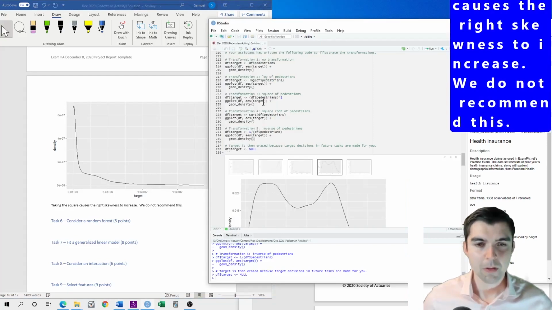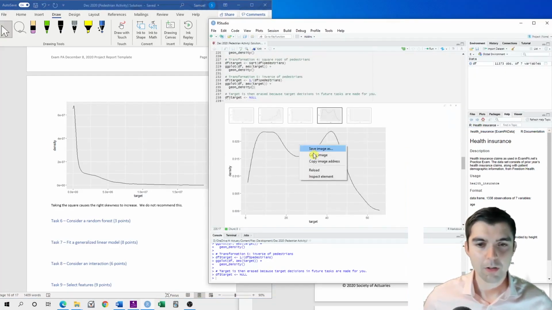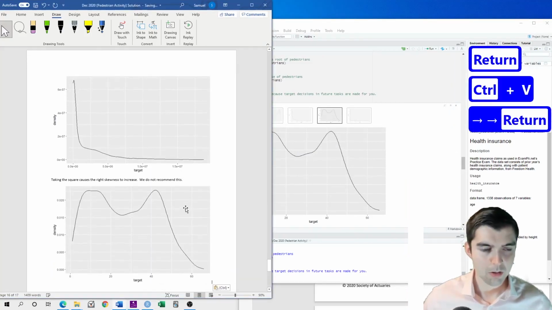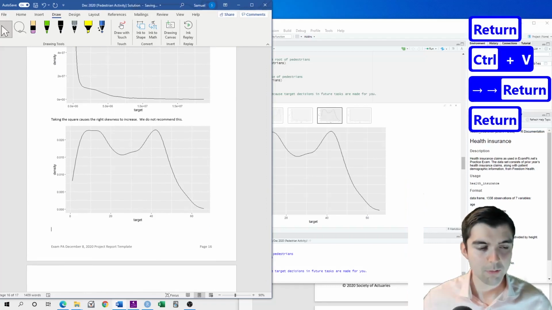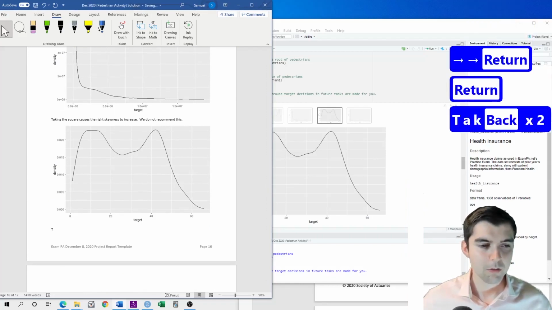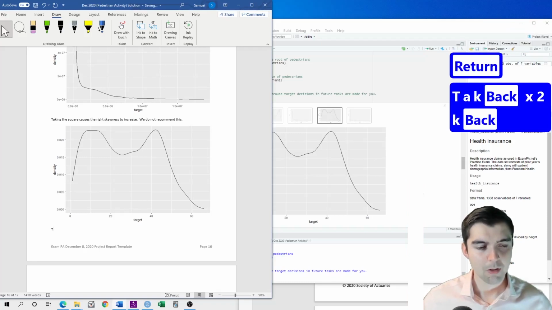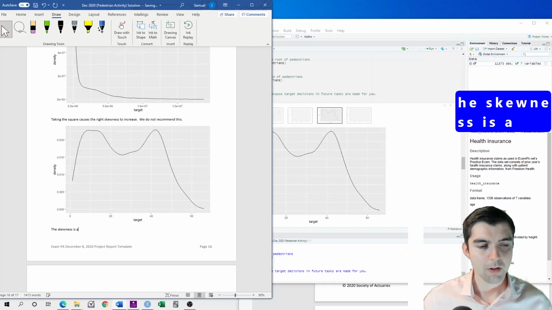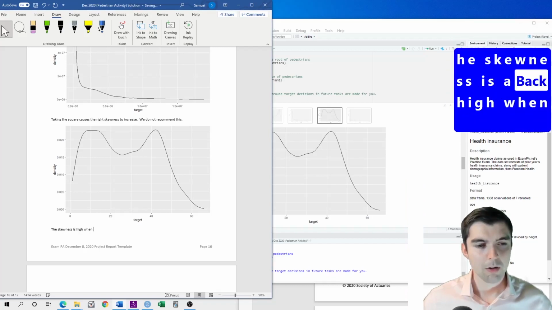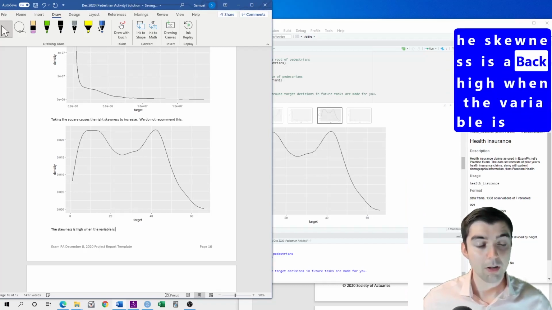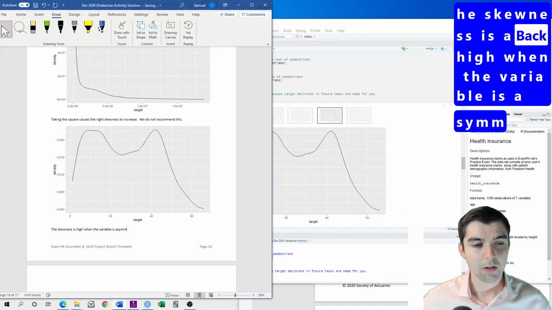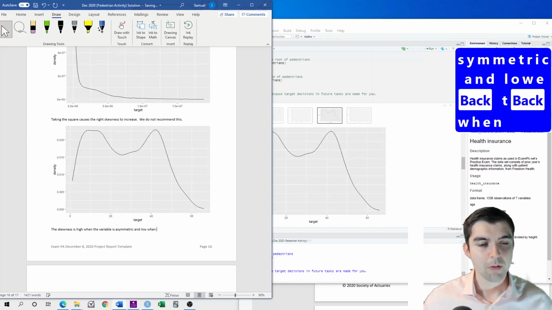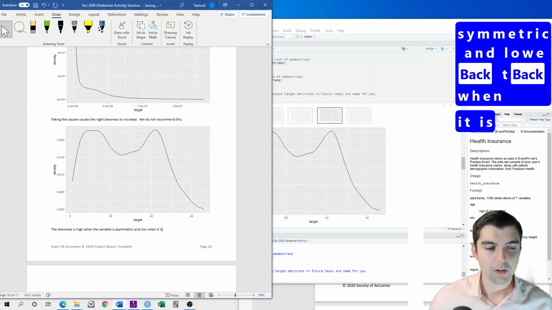This one, taking the square root, helps to correct the skewness. The skewness is high when the variable is asymmetric and low when it is symmetric.